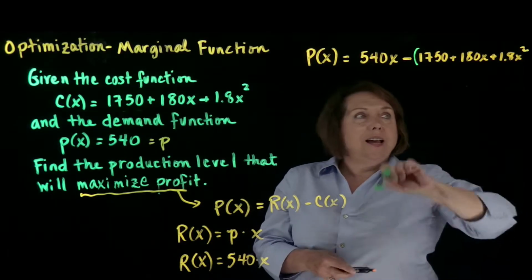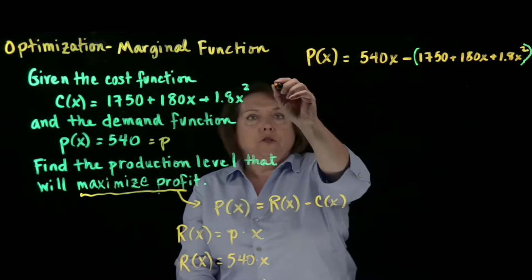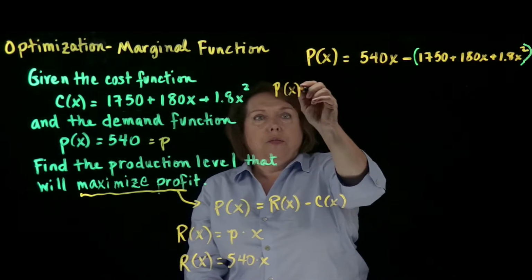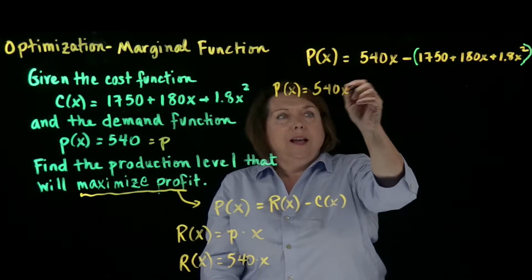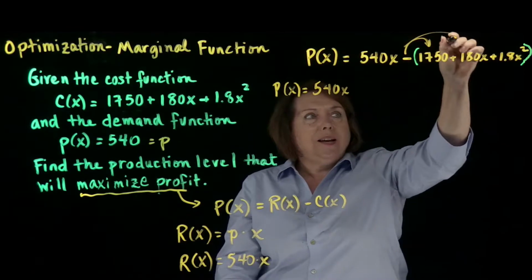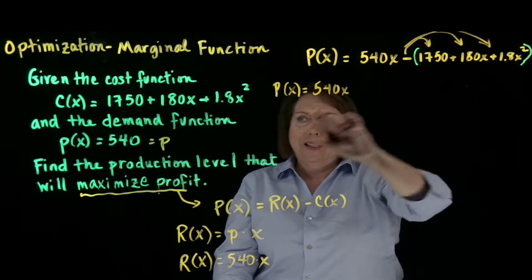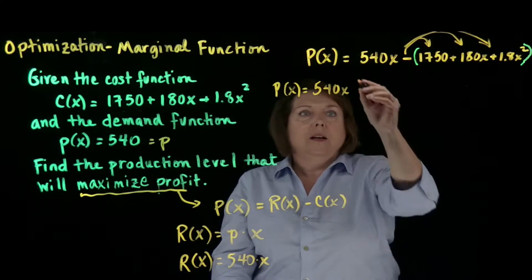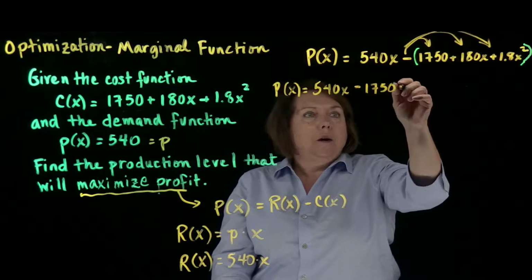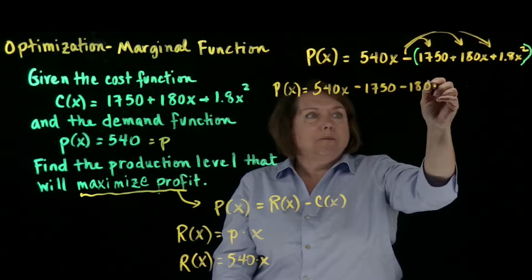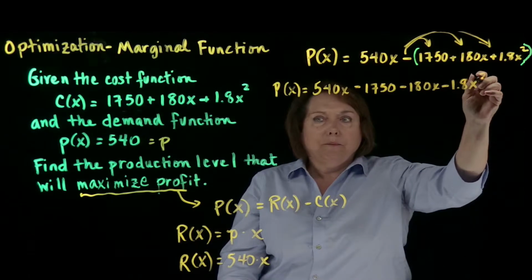We're subtracting every single one of these terms. So I have my 540x, and I'm going to distribute that subtraction to every term in the cost function. So we'll have minus 1750 minus 180x minus 1.8x squared.